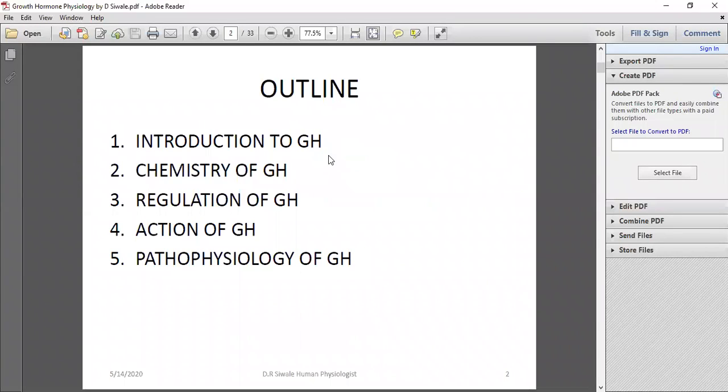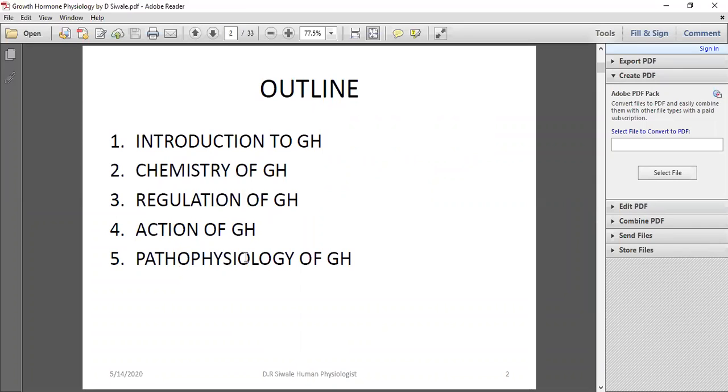So I was saying, this would be the outline. Even with other hormones which we are going to discuss, we should be giving the introduction to that particular hormone. In this case, it's growth hormone. And then just a bit about the chemistry of the same growth hormone, and regulation of the growth hormone and the action of the growth hormone.